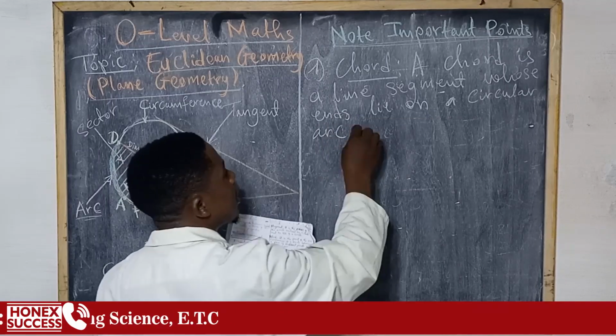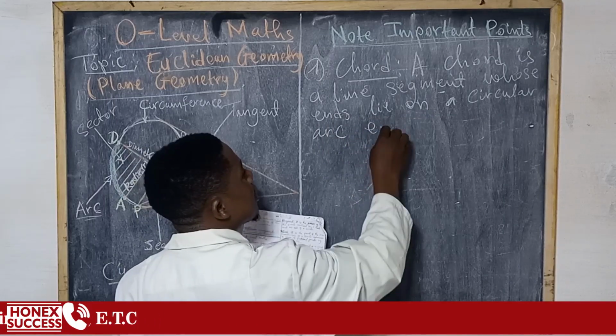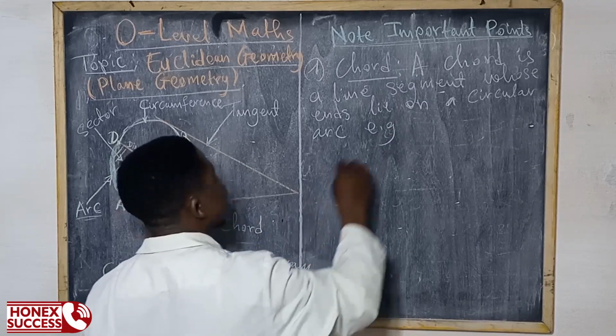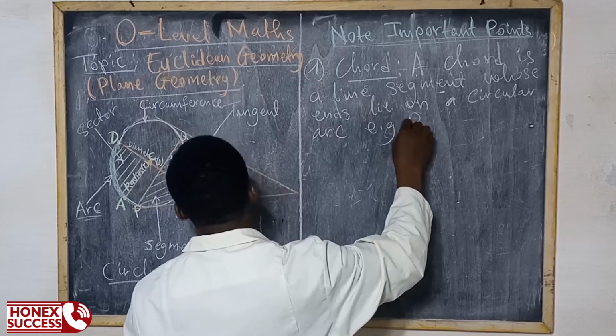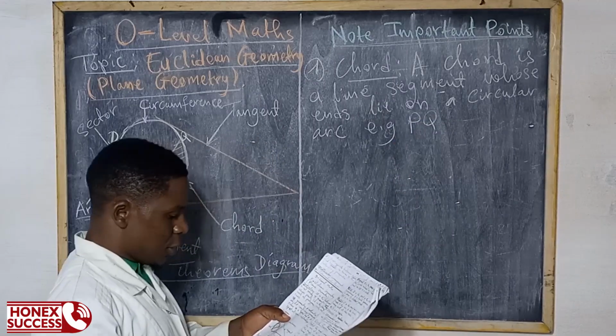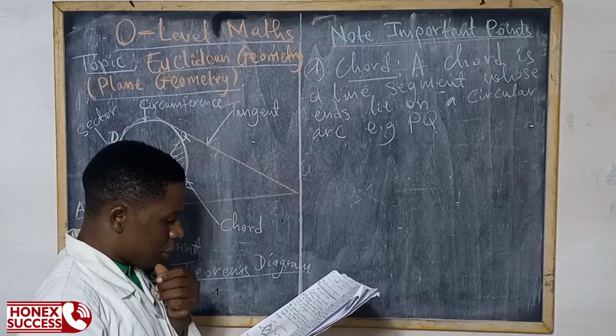For example, on this diagram here, a chord is PQ. PQ is a chord.